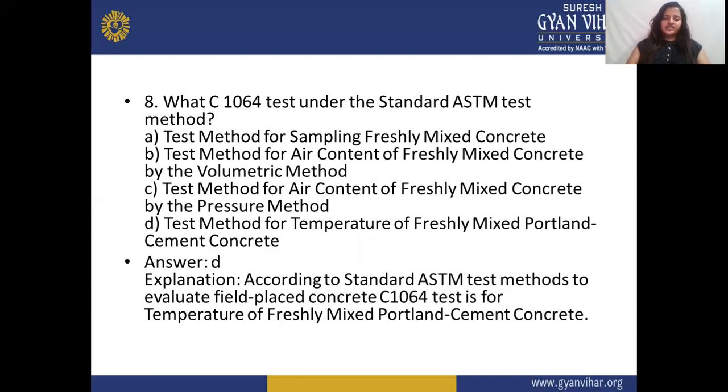So the answer is D, and the explanation is that according to the standard ASTM method to evaluate field placed concrete, the C1064 test is to test the temperature of freshly mixed Portland cement concrete.